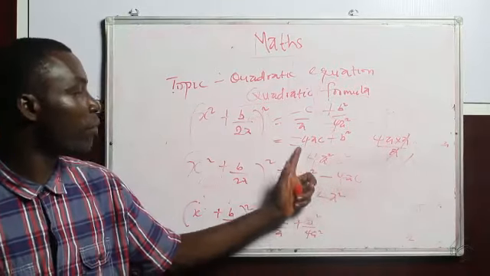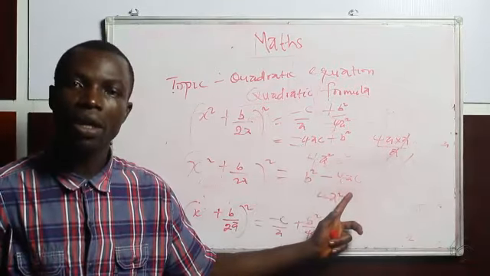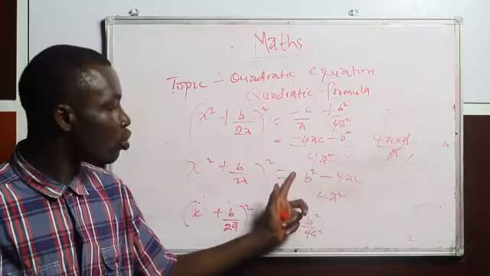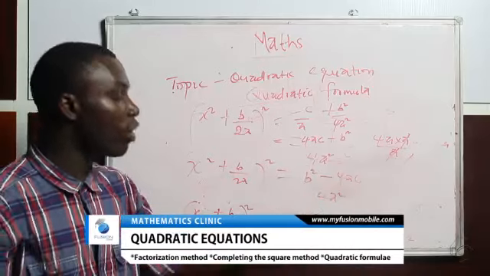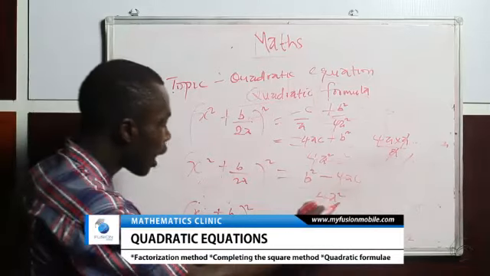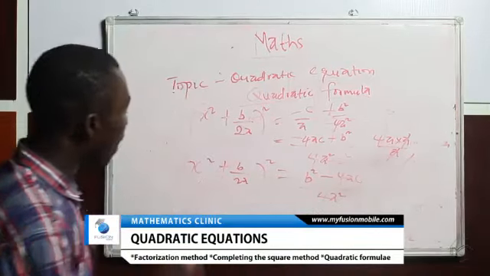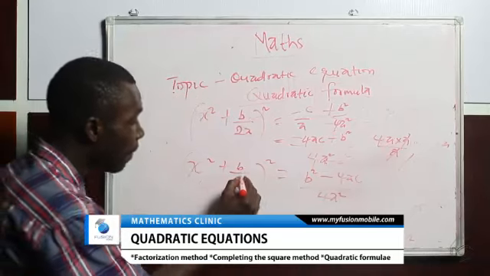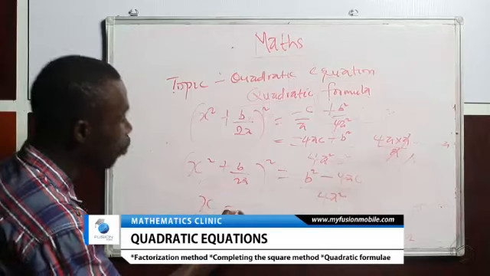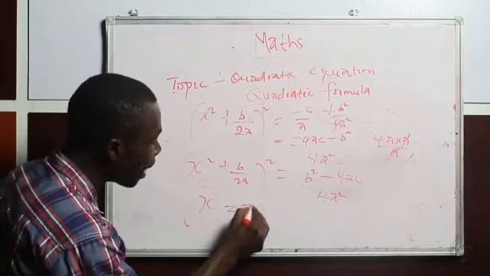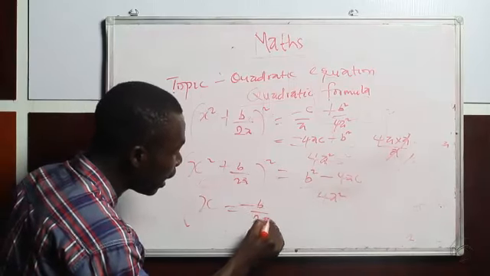How do we result? We have minus 4ac, which is being shown, then b squared minus 4ac over 4a squared. Then how do we find our x? By making it the subject of the formula. x is equal to minus b over 2a.